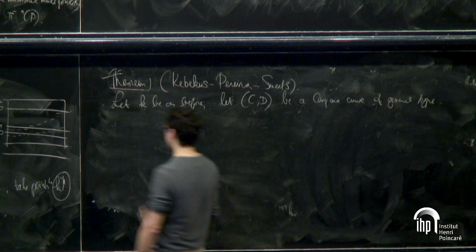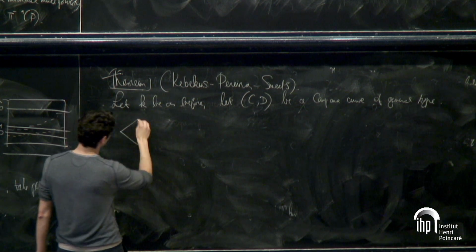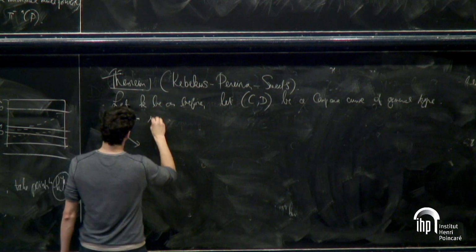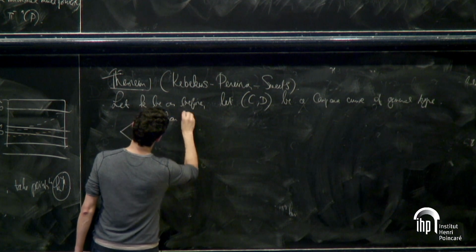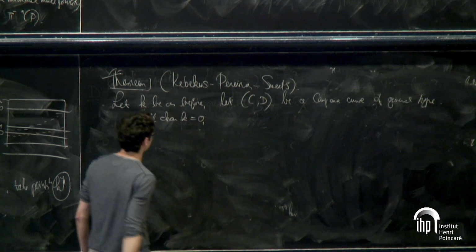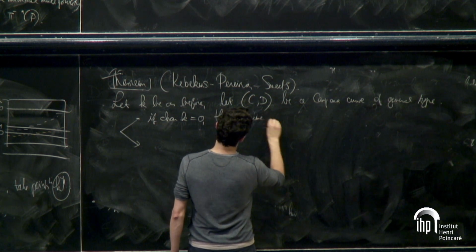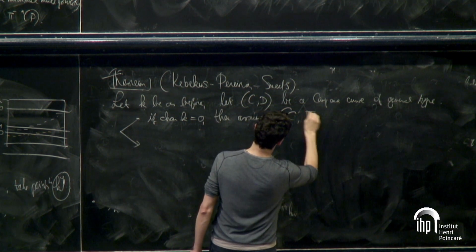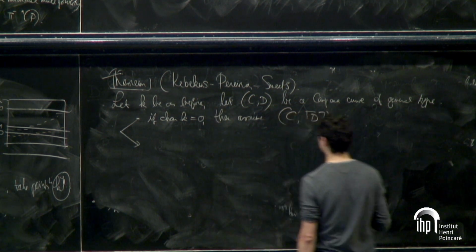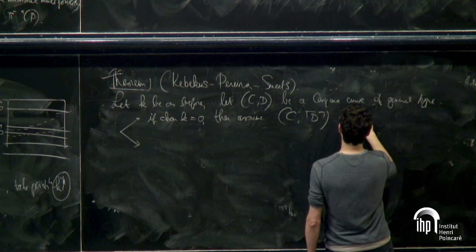Rather than discussing the Kodaira-Spencer map, I will subdivide into cases. If the characteristic of K is equal to 0, then assume that the pair CD, or rather C and the support of D, is not isotrivial.